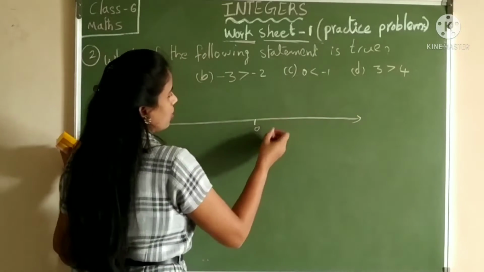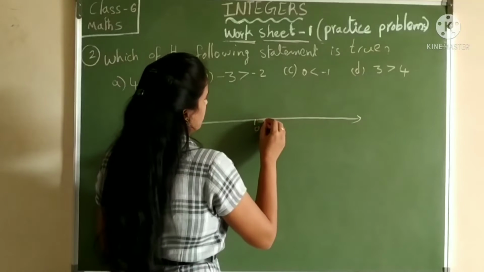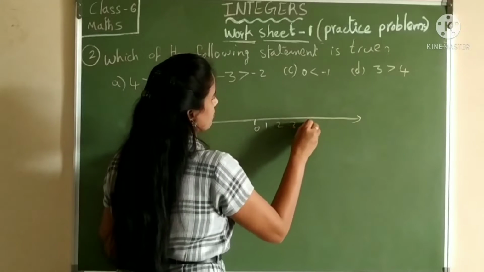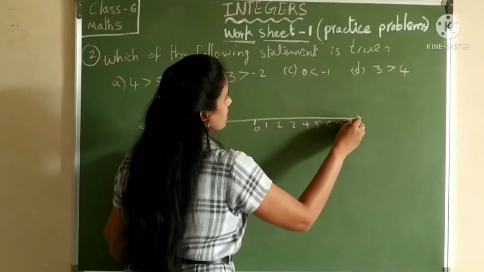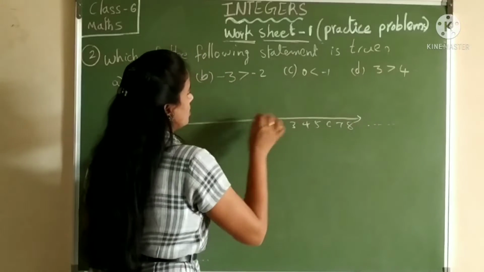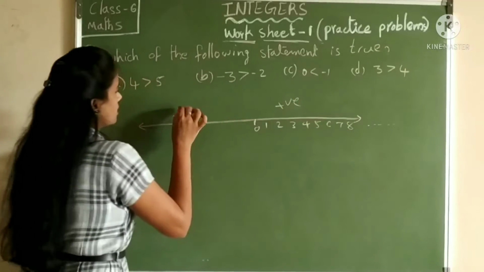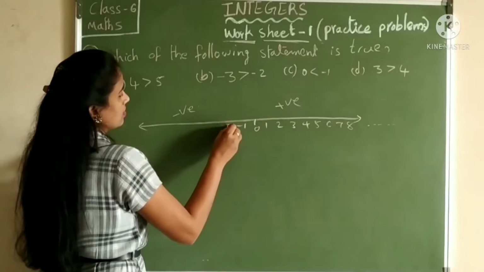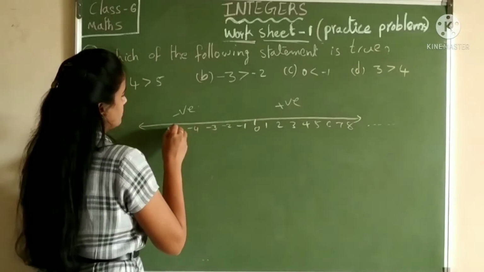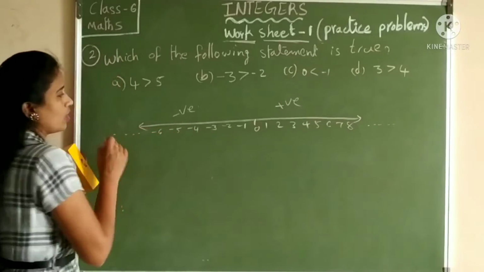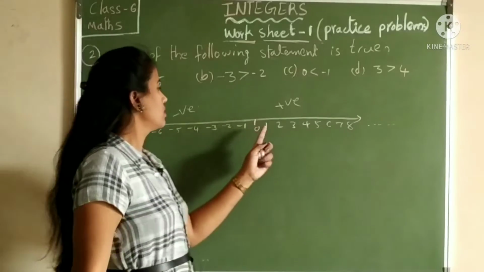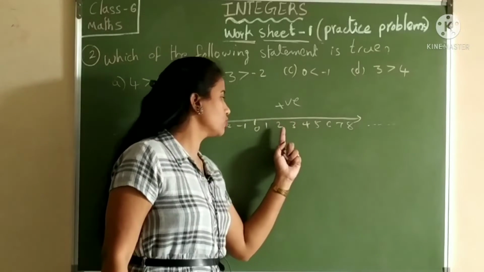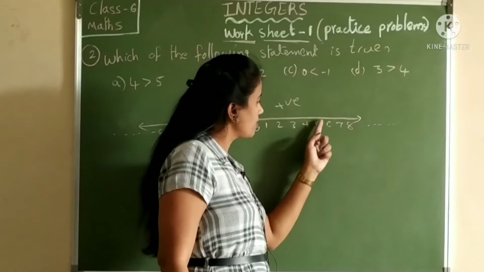In between write 0. The right side of the numbers are increasing numbers: 5, 6, 7, 8 and so on. These are positive numbers. These are negative numbers on the left side of 0, decreasing numbers. 2 is greater than 1, 3 is greater than 2, 4 is greater than 3, 5 is greater than 4.